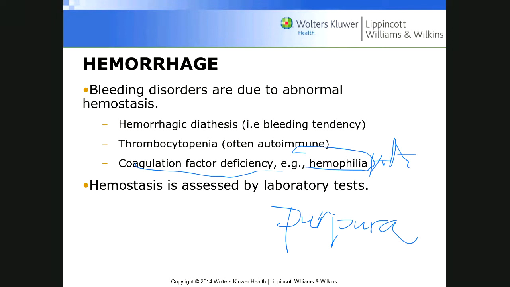And then there is bleeding tendency, hemorrhagic diathesis. This could be part of DIC, disseminated intravascular coagulation. Let me write this down.